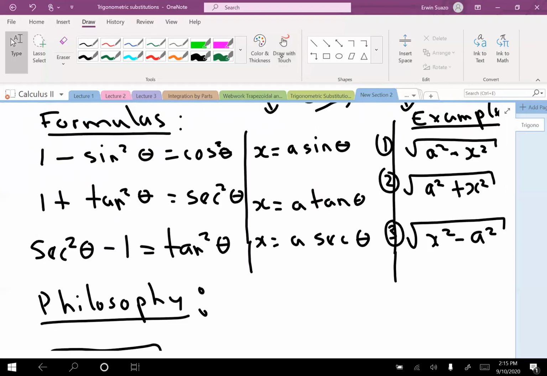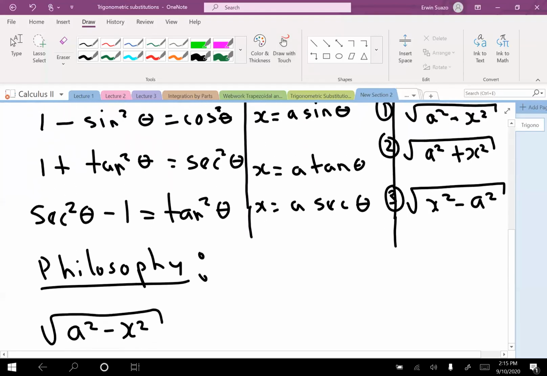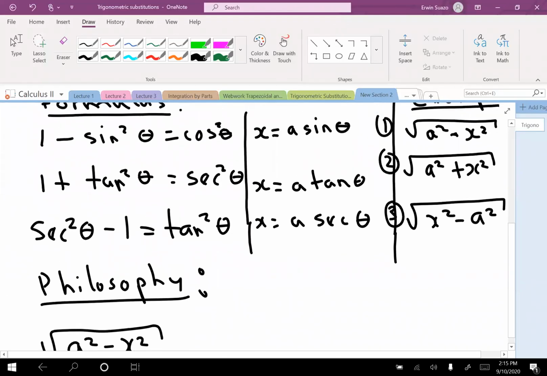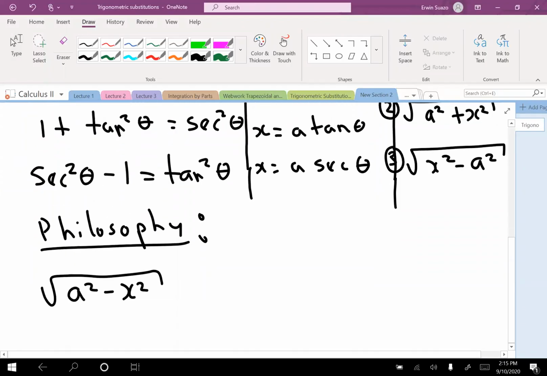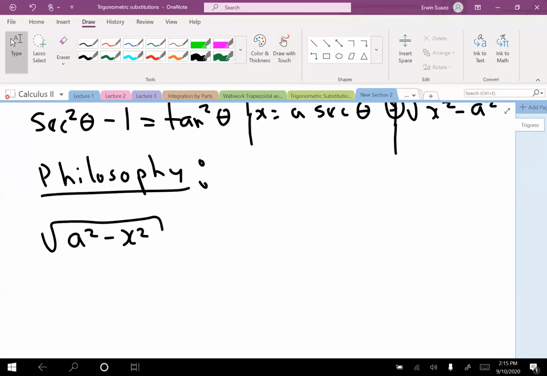If you look at it, well, it's clear, right? We have to use 1. We have a square root of a squared minus x squared, so we need to use the substitution x equals a sine of theta.